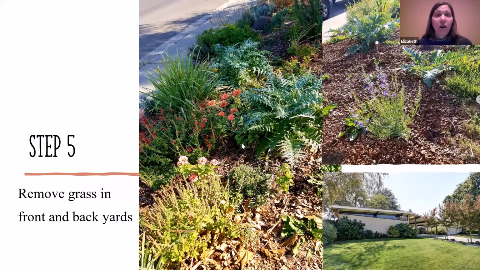So I'm out here all the time getting vegetables and herbs. It doesn't look like a food garden, like a vegetable garden with rows or anything, but it is. It's a food garden. It looks like a typical drought tolerant landscape. So that was my goal, and I think it's going pretty well.